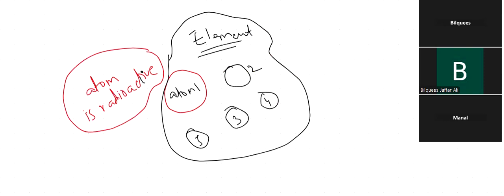Now, if radioactive emission is going on, I don't know which atom's nucleus is going into the decaying process. It's a random process. I don't know whether atom 1 is emitting radiation, or atom 2, 3, 4 or 5.